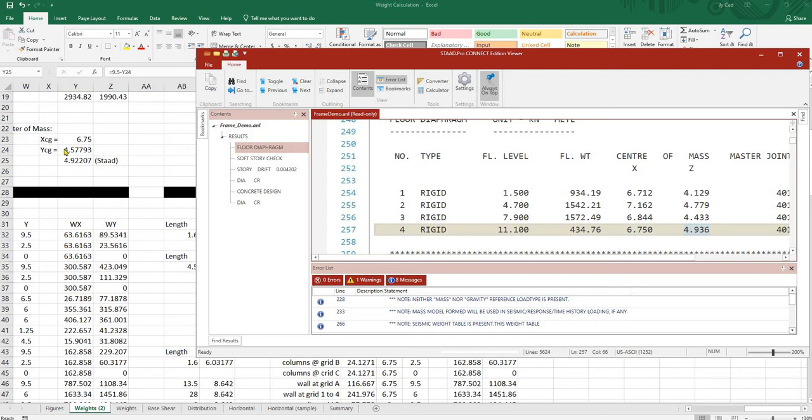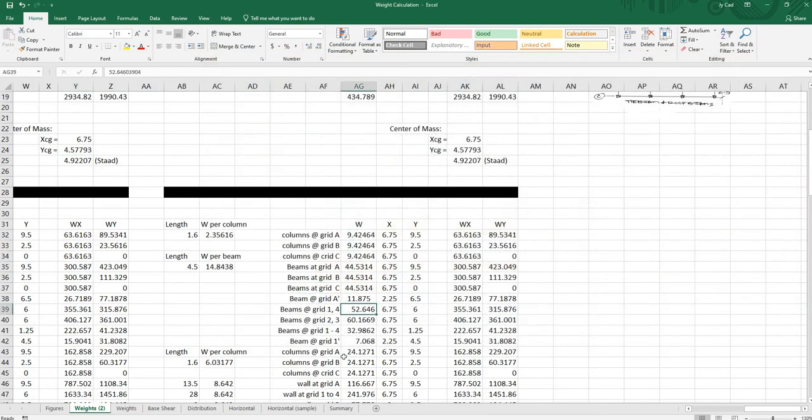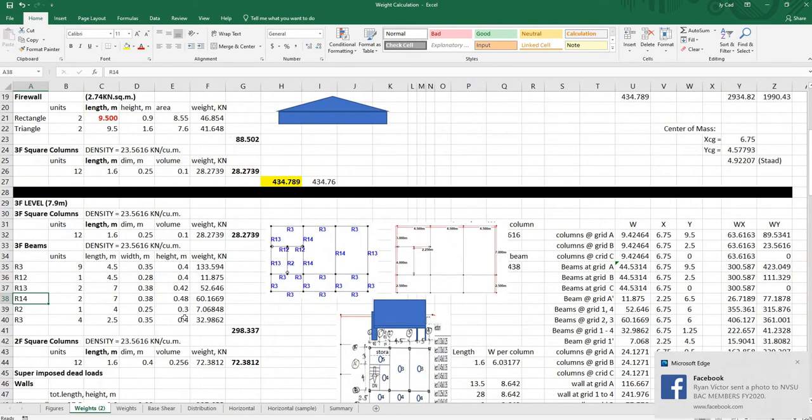Sa computation natin 4.57793, pero kay STAAD i-minus mo yung 4.57 sa 9.5 and you will get this. So konti lang ang difference. So I'm just showing you na malapit ang ating manual calculation kay STAAD. Now let's solve the third level.